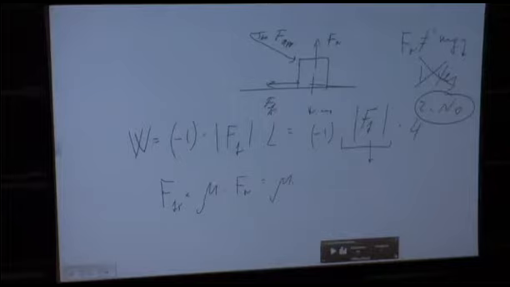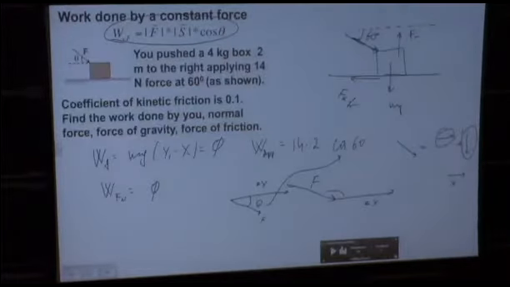So that's what we need to use here. The normal force, so this is equal to this plus this.